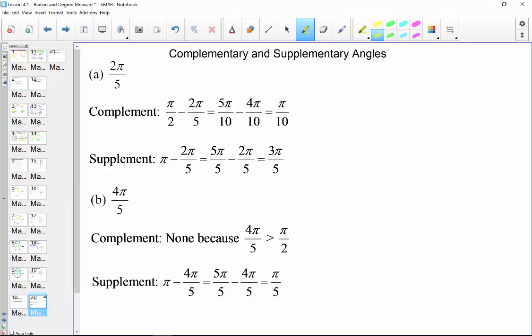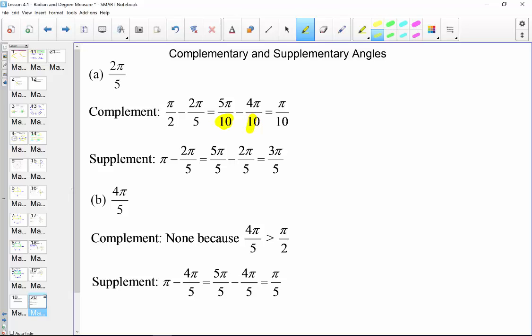We're given 2 pi over 5 and we're told to find its complement. Since we know that 2 pi over 5 plus some angle has to equal 90 degrees, or pi over 2, we're going to subtract 2 pi over 5 from pi over 2. In order to do that, we need to find a common denominator. The common denominator is 10.